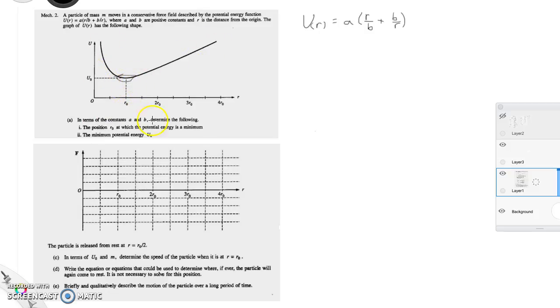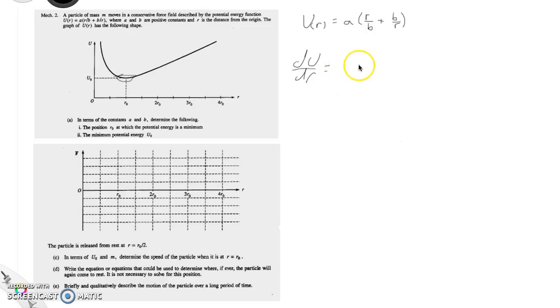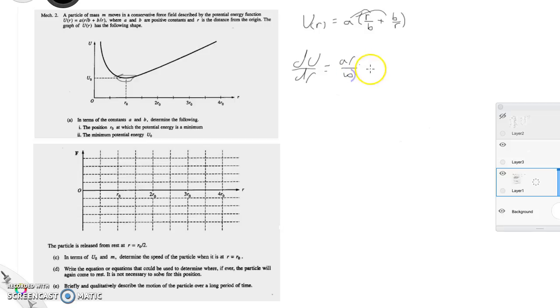Hopefully you're thinking calculus here and you see the word minimum, because we're going to take dU/dr and set it equal to 0. Okay, so to get started, I'm actually going to distribute the A. So we have Ar over b plus Ab over r, and we're going to take the derivative.